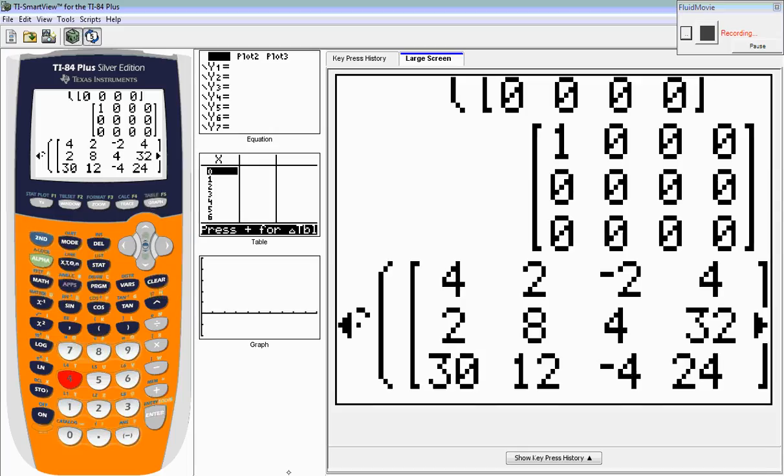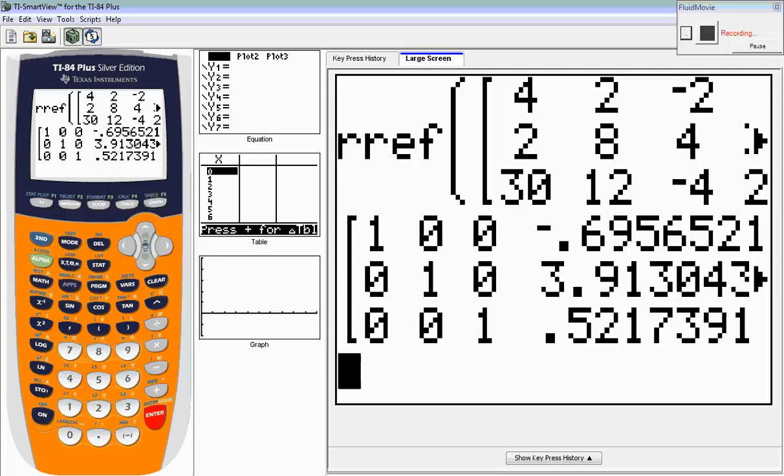Now that we have those in, when we hit enter, it gives us the reduced row echelon form.